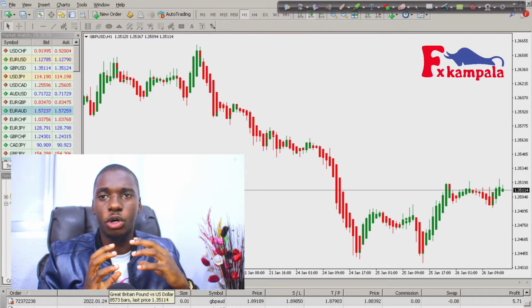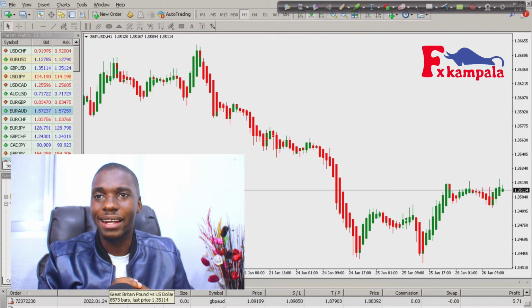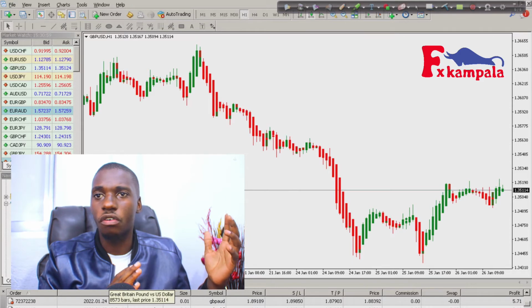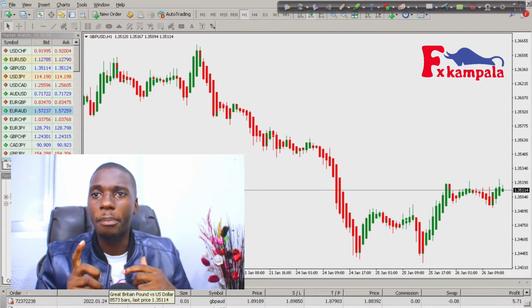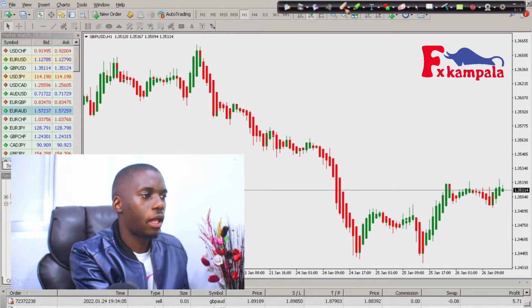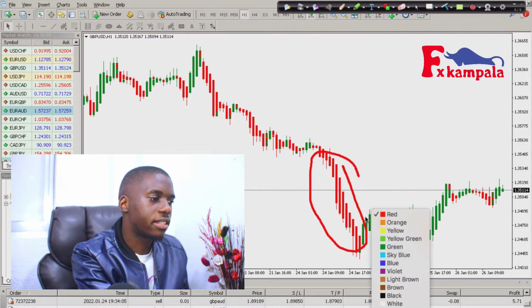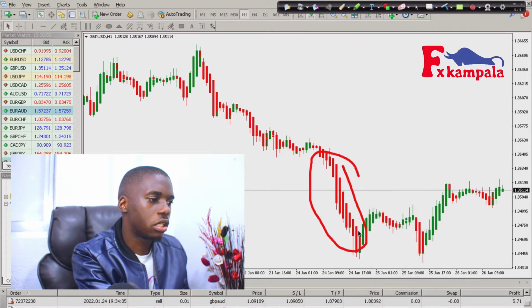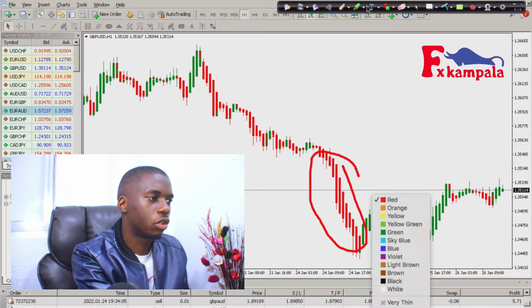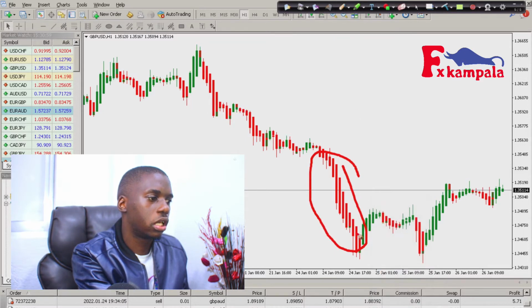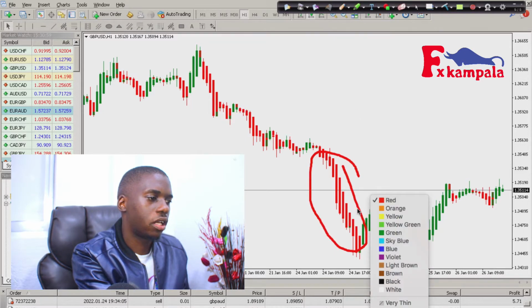You can easily spot the beginning of a particular trend, whether upwards or downwards. Like say for instance, when you look here, it's a super trend. Even up here, it's a super trend.